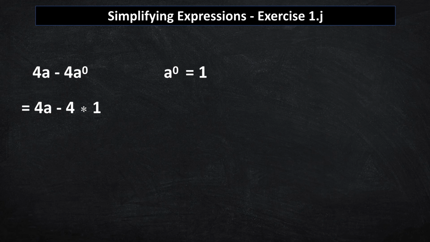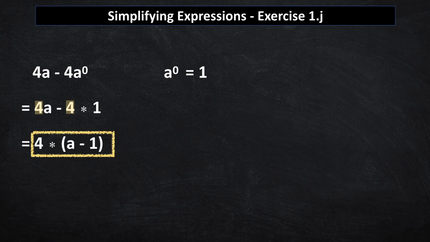We can see that the two terms have the number 4 in common. So we write the number 4 at the beginning of the next line, multiplied by parentheses a minus 1. And since inside the parentheses now we have a letter a and a number 1, we cannot do anything more, and so this is the final simplified expression.